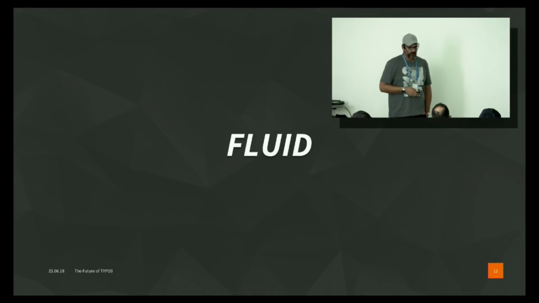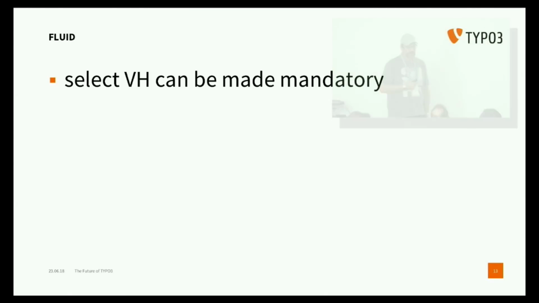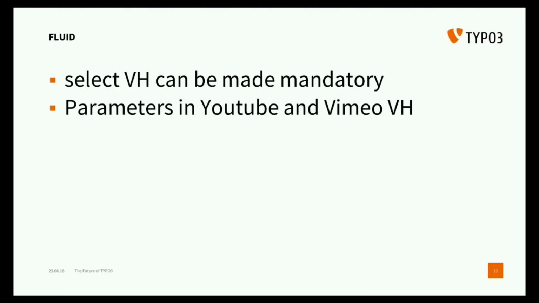So, moving onwards to Fluid. Fluid got a couple of new things. So the select view helper can finally be mandatory after all these years. You can now add parameters to YouTube and Vimeo videos in the view helper, which was often requested, stuff like autoplay, loop, all these kind of things, which was like a super annoying additional parameters section going on.